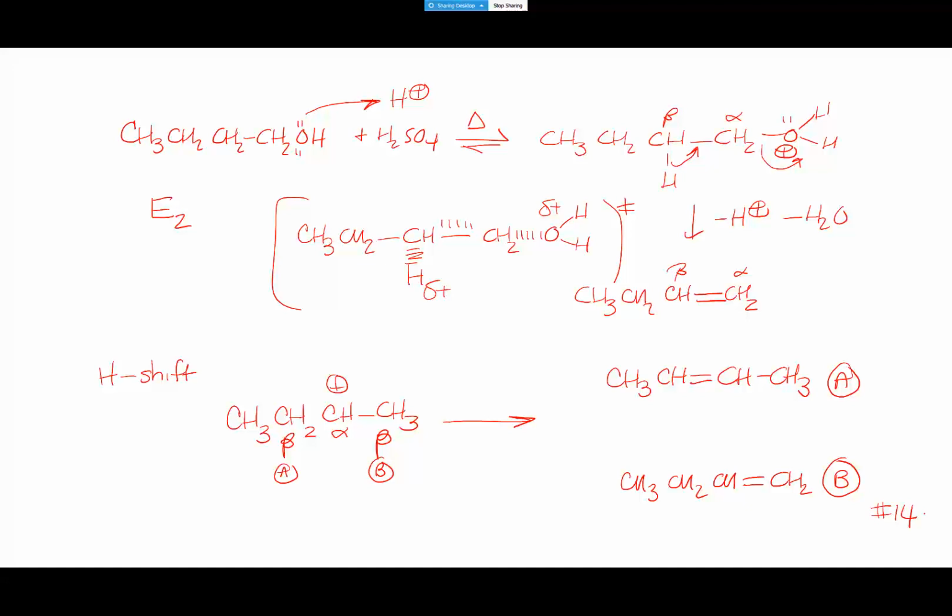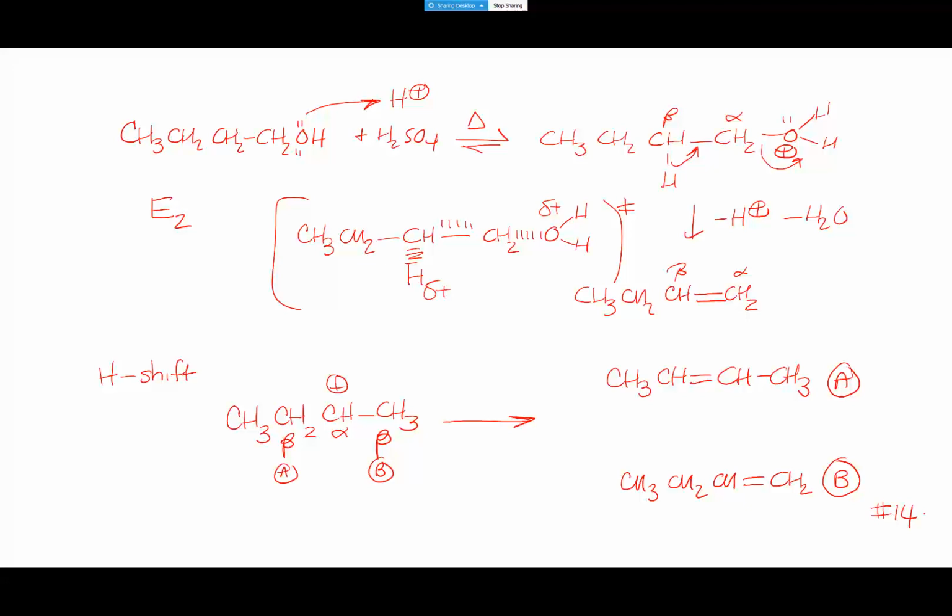And then once you do a shift, the key is, with all of these that we've done for the last 2 days, the key is once you do a shift, you have to relabel the alpha and the beta carbons. Because initially the alpha and the beta are based on the leaving group. The leaving group leaves, you form a carbocation. The minute you rearrange it, you now have to relabel alpha and beta to get the right elimination products.